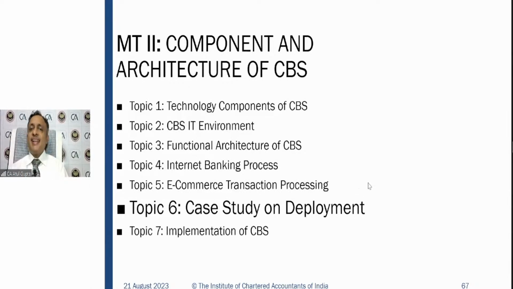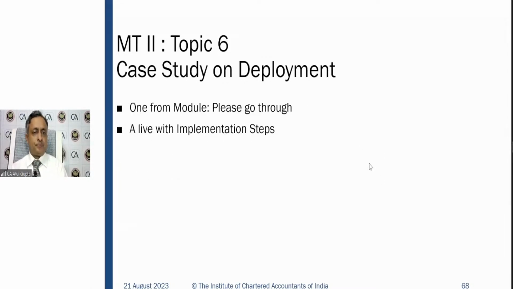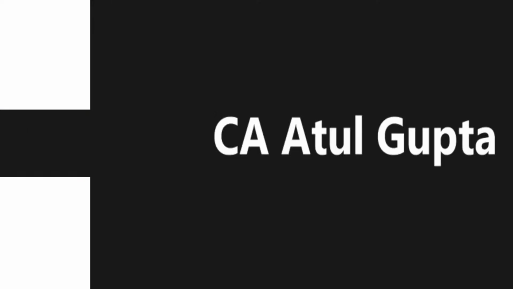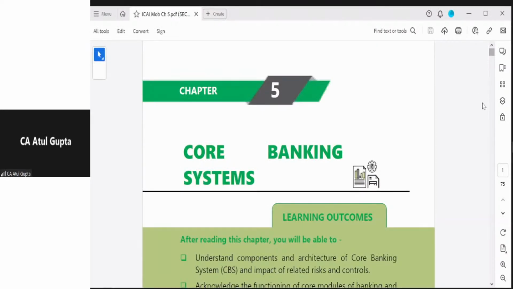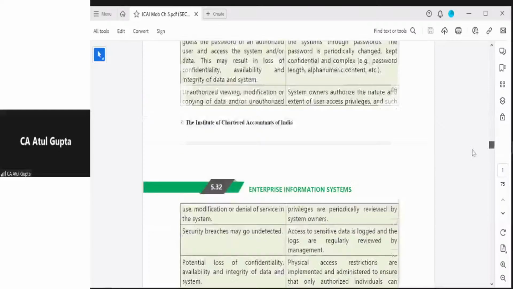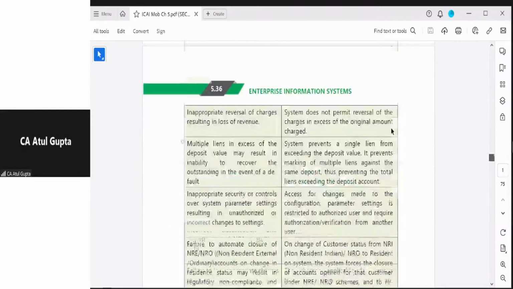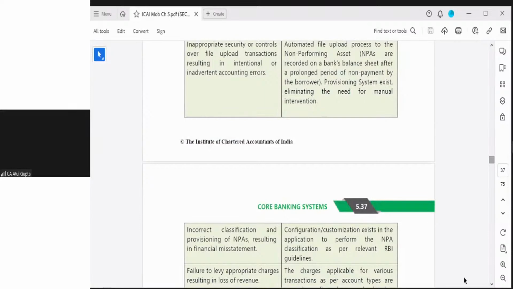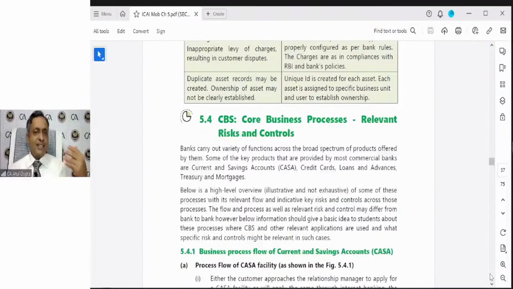Okay. Now, there is a case study on core banking system deployment that is given in the module. So we'll just take help from the module. So I'll bring the module. Just give me a second. So we have talked about the steps of implementing systems.